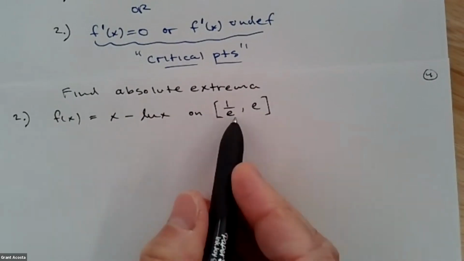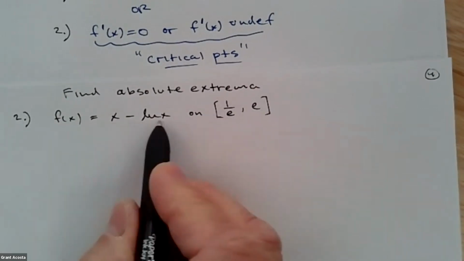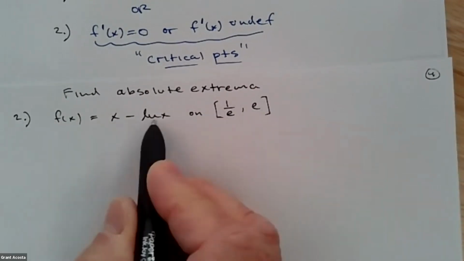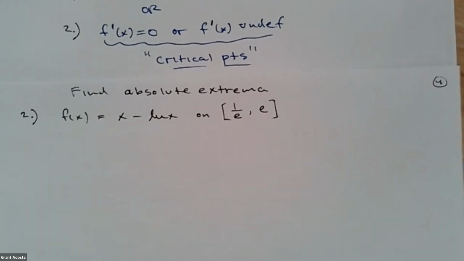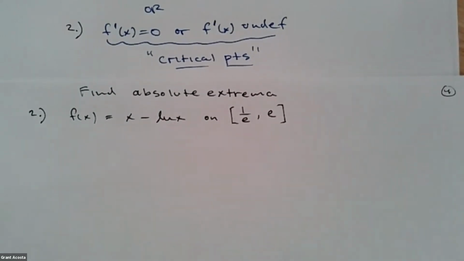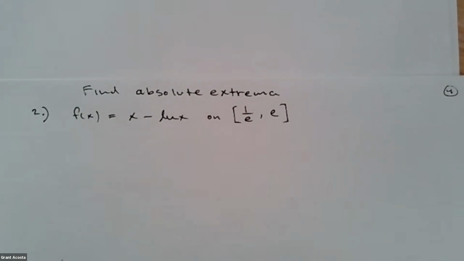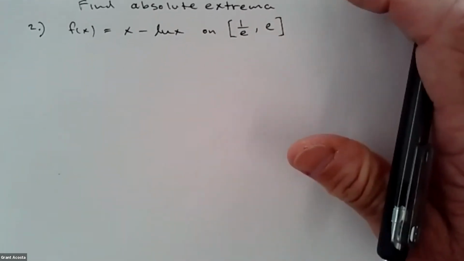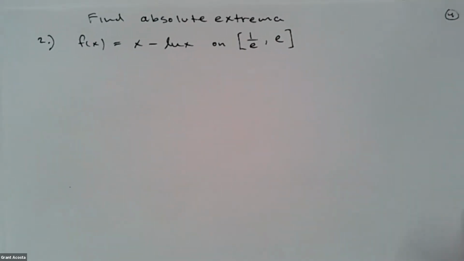We've got a closed interval, and we know this is a continuous function because both of these are individually continuous functions. So how would we approach this? Because I don't know what the graph of this looks like. Although that's where we're headed in this chapter, is graphing functions like this.